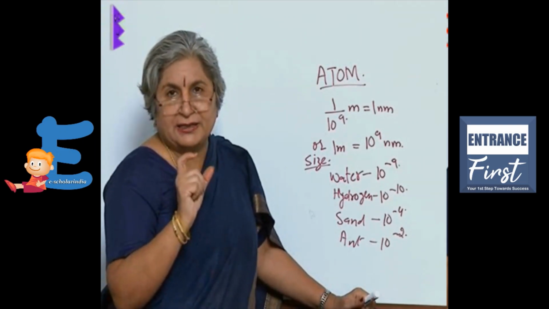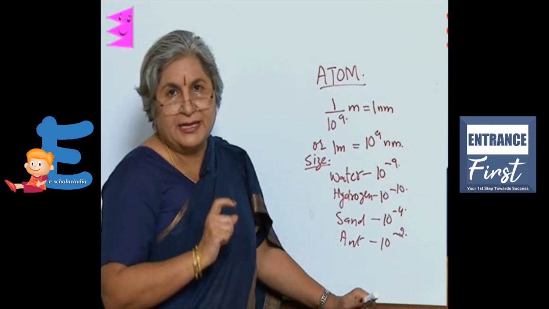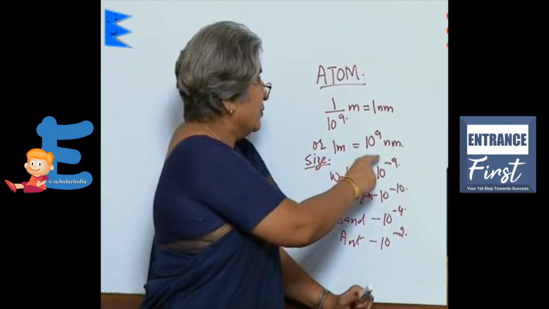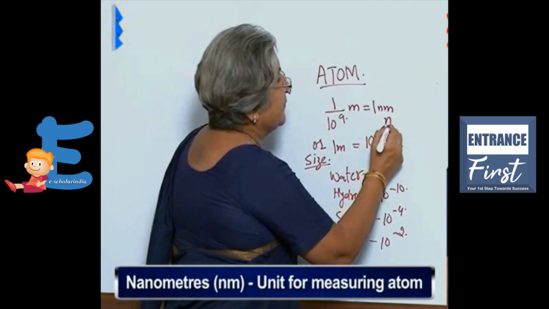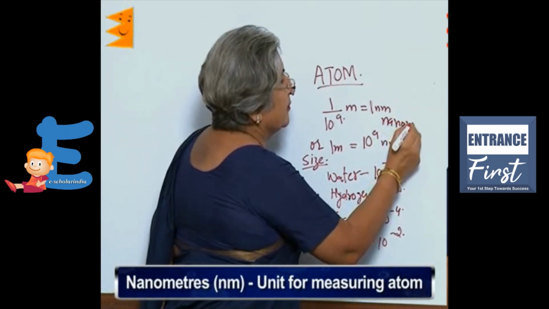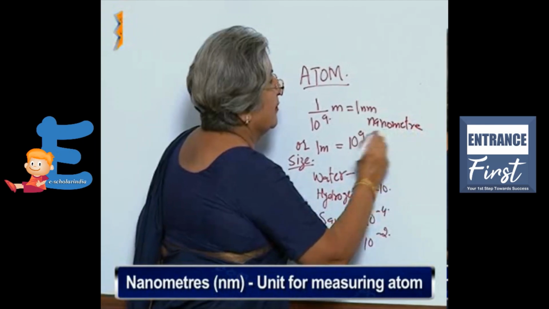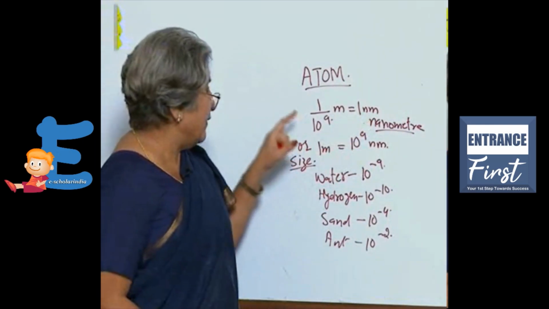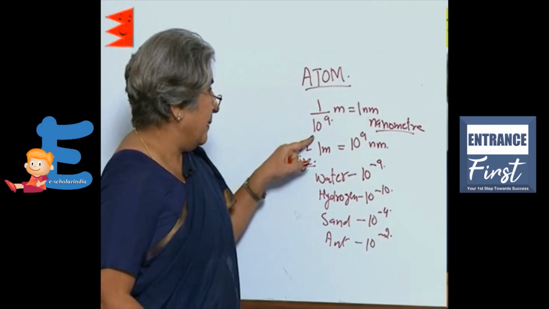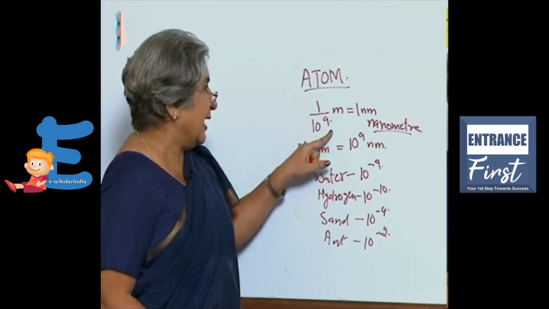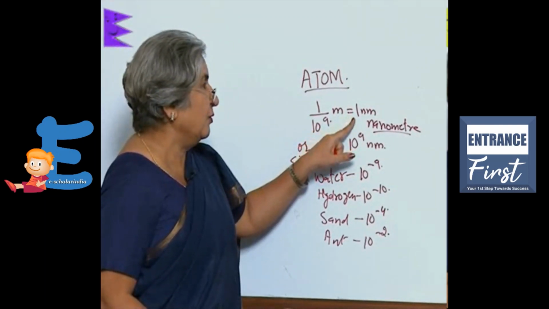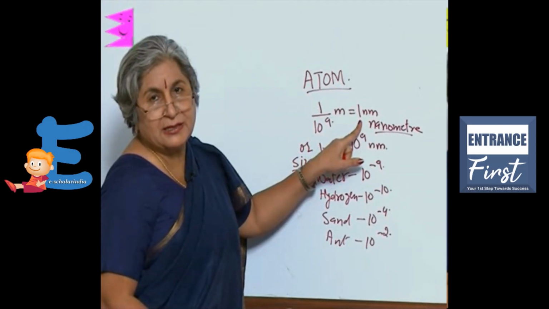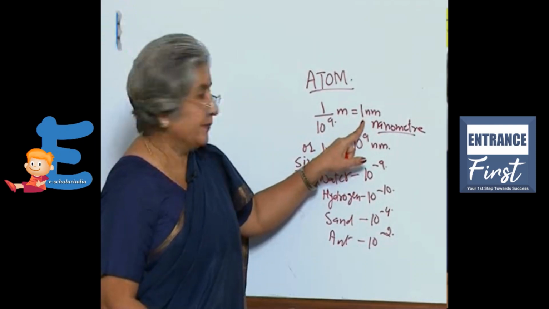You know, for measuring there is always a unit. In the case of an atom, because it's very small, the unit we use is the nanometer, which is denoted as nm. So what we find is 1 by 10 raised to the power of 9 m is equal to 1 nanometer. So you can imagine how small a nanometer is.